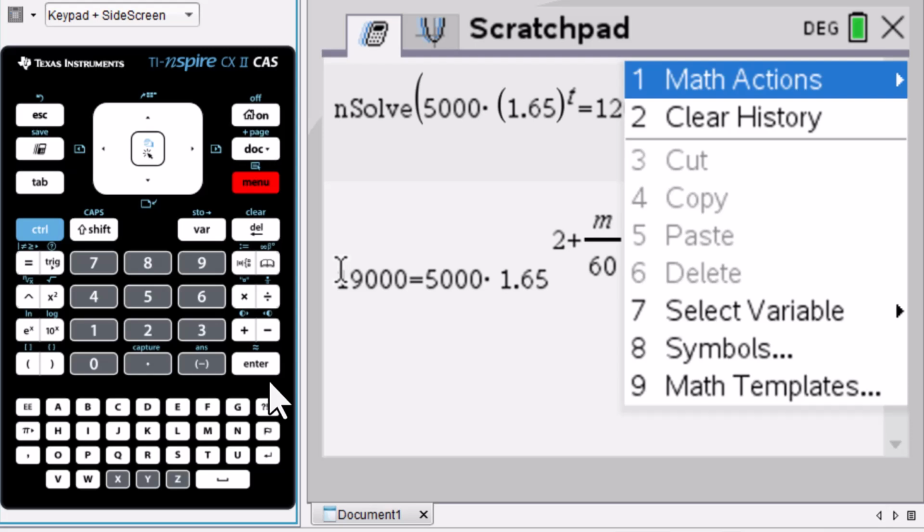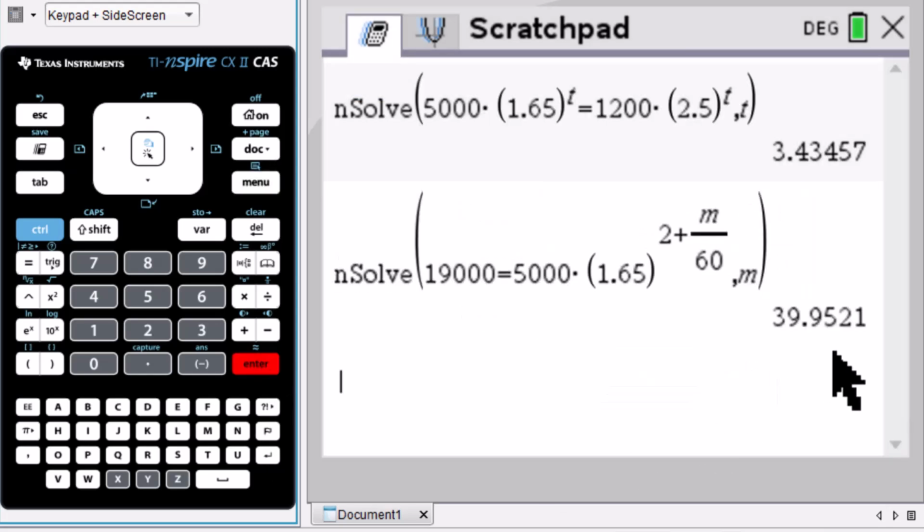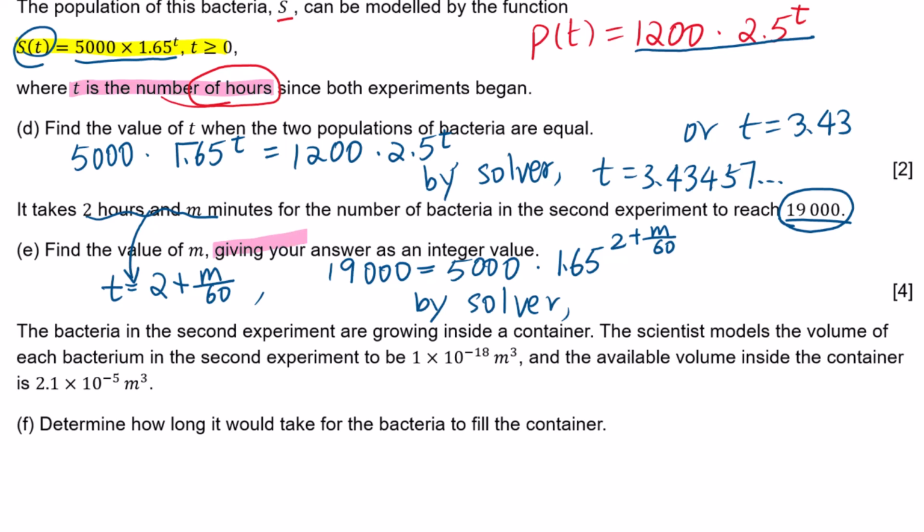Control menu, enter, enter, enter. M equals 40.0. Make sure you give your answer as an integer value. So you cannot use full answers for this m. You have to write down m equals 40 because we need an integer value.